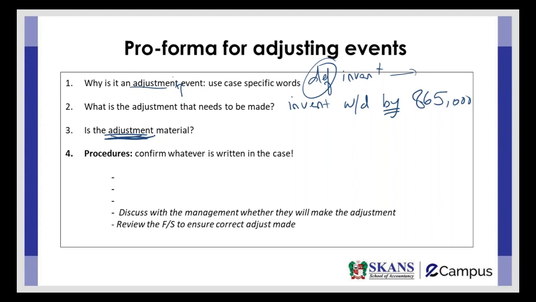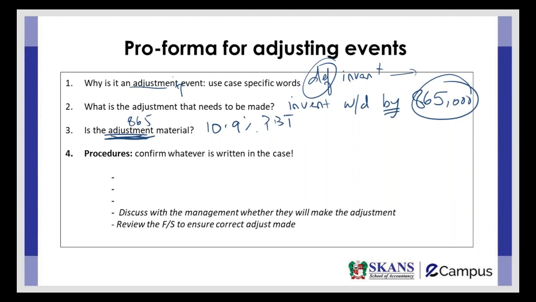Neha, you have the wrong answer. We have to talk about the materiality of the adjustment. So the adjustment of 865,000 is material because it's 10.9% of the PBT. Tehreem, Neha, both are wrong because you have to comment on the materiality of the adjustment.